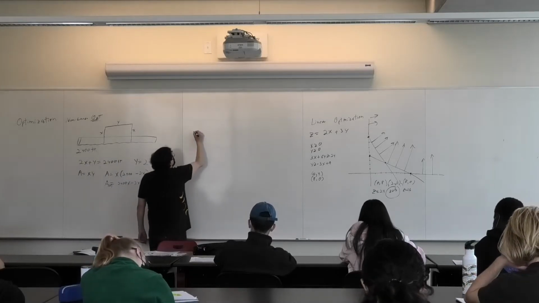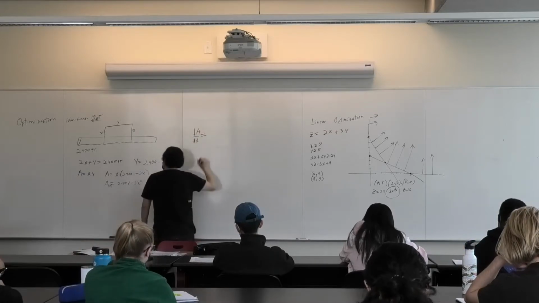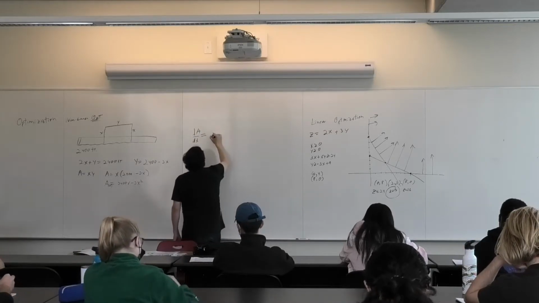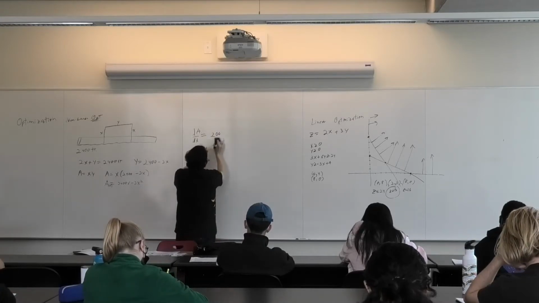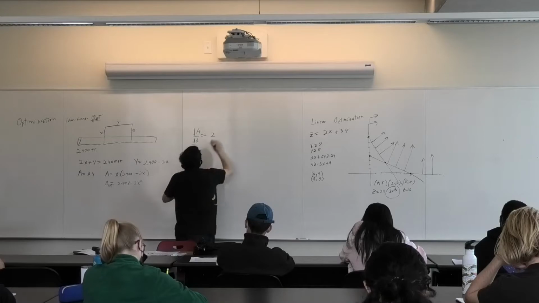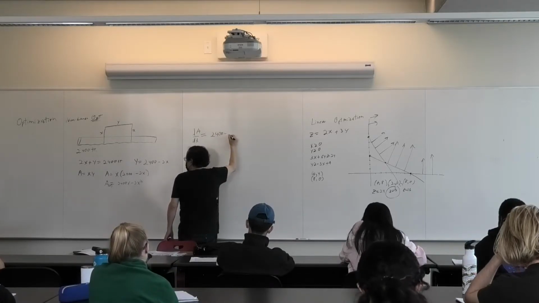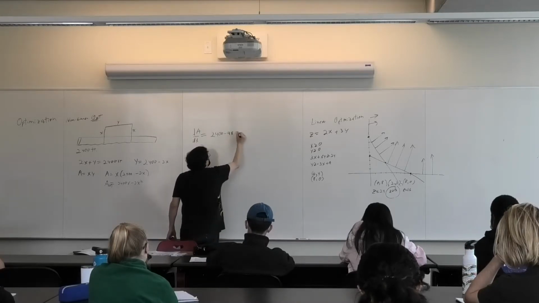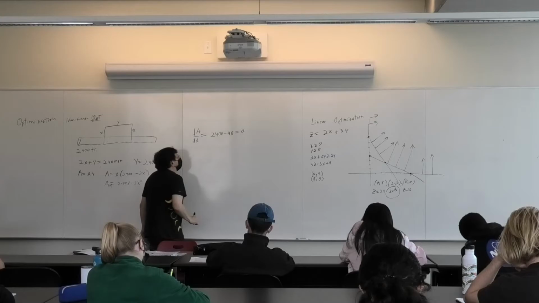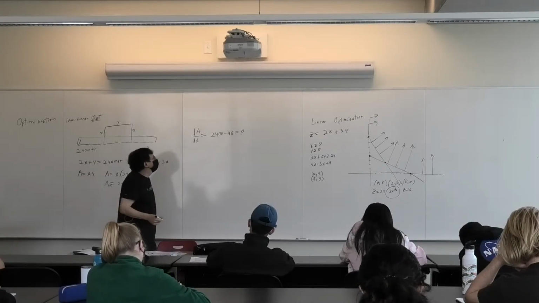So let's find dA/dx. That's 2400 minus 4x. We'll set that equal to 0, and we solve it.